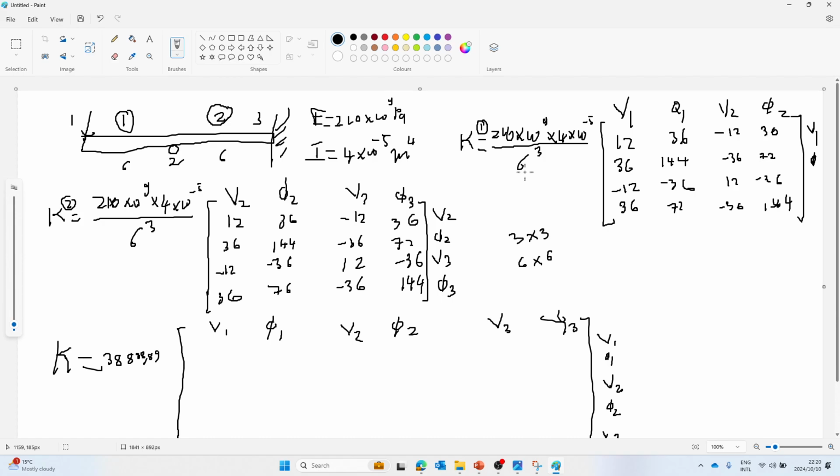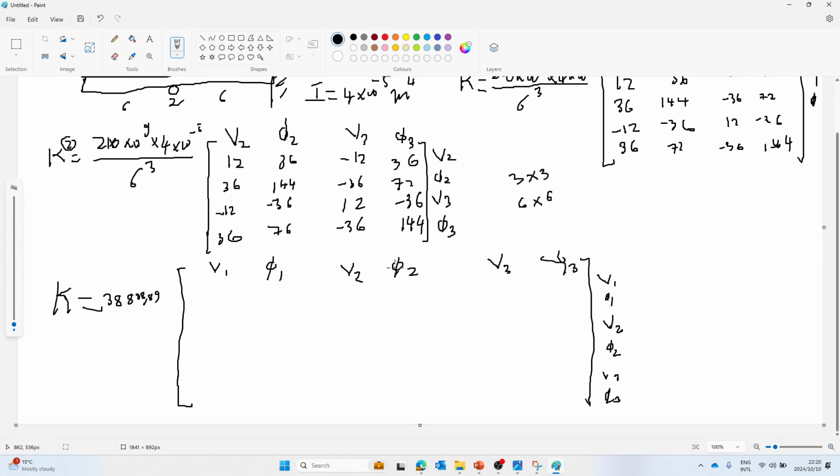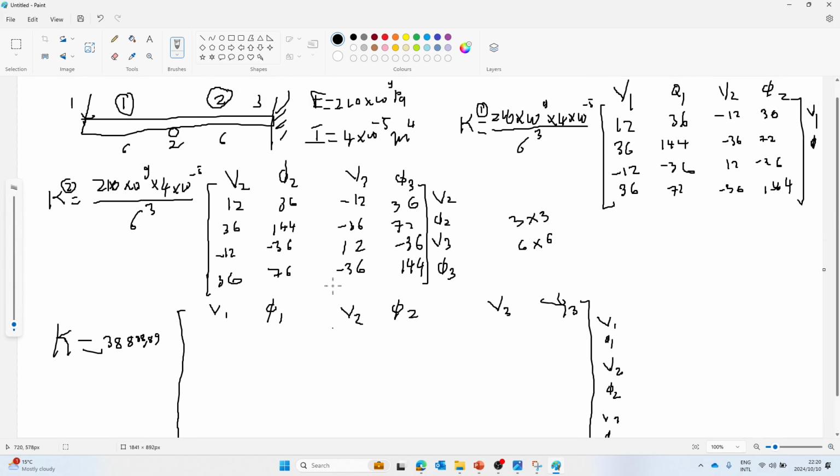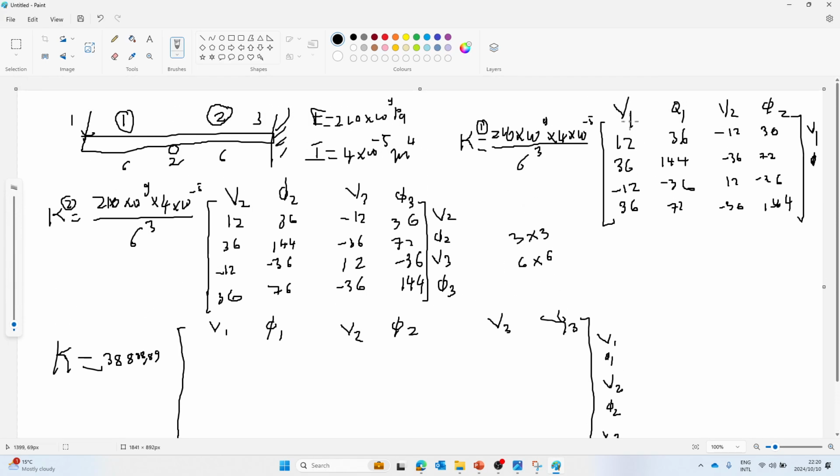I like what we are doing, but the only thing I'm not liking about it is that it's long. But anyway, let's do it. What you do, you look at V1, phi 1. You have V1, V1, V1, V1 gives you 12.